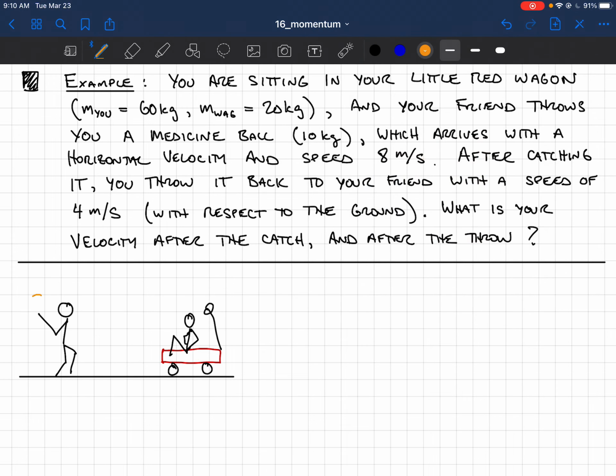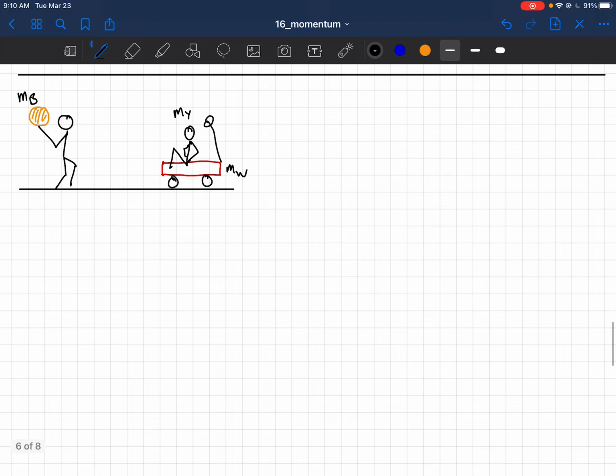And your friend is strong and is holding a medicine ball in one hand. So this is mB, and then we have mU, and we have m wagon for the wagon there. So this is the setup, but then we see what happens over time.